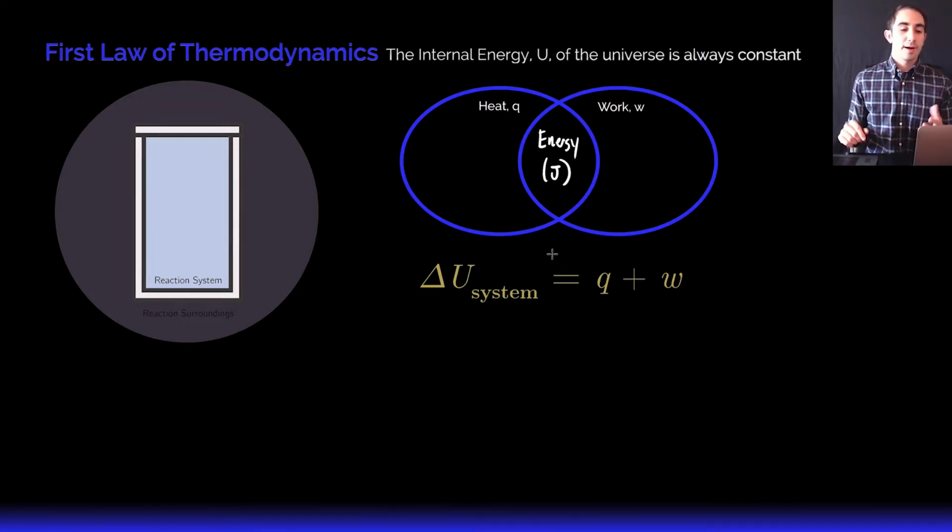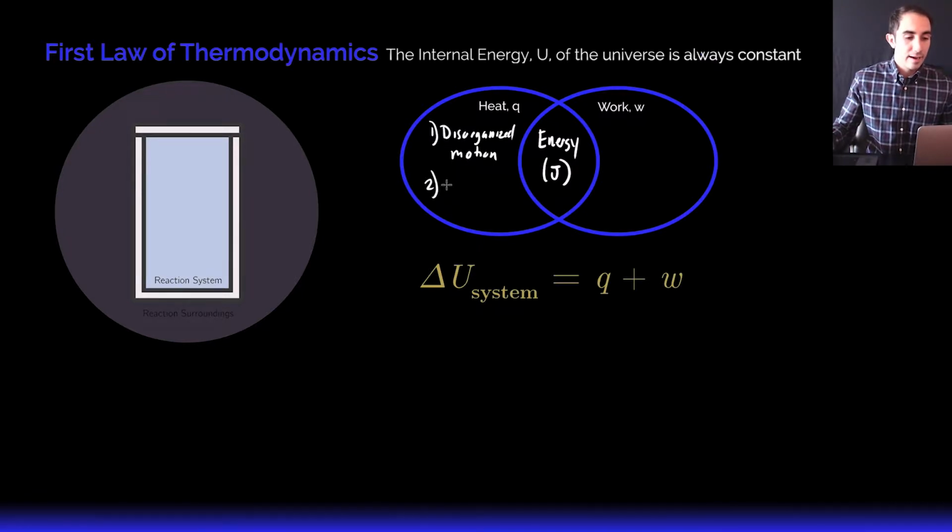So let's start by talking about heat. Now, heat is going to be disorganized motion. And if we want to add a second layer to this, it's definitely going to be molecule oriented. And what in the world does that mean?